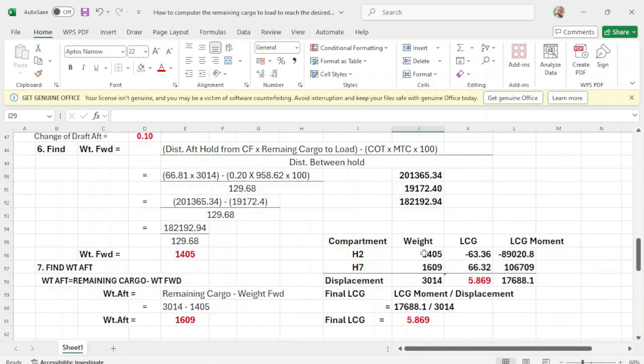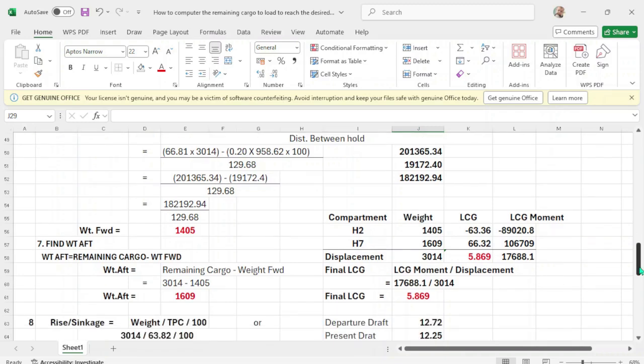Okay, multiply the weight by LCG. This will be LCG moment, and multiply this weight by LCG, and you have this LCG moment, and the total moment is 17688.1, and the total weight is 3014.